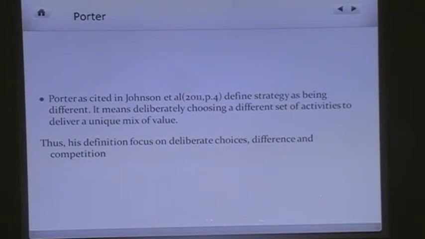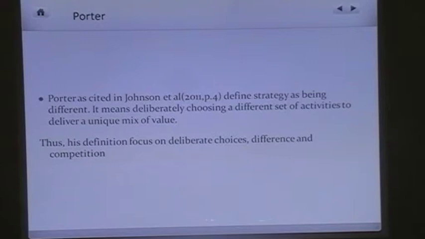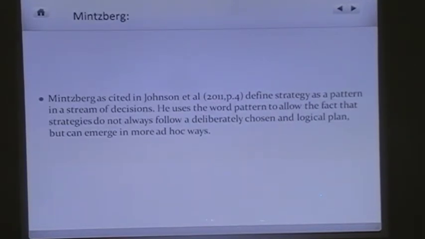That means it helps the company deliver a unique set of products which has USPs and differentiators from its competitors. And his definition actually focuses on deliberate choices which help create difference in terms of USPs or unique selling propositions from its competitors. Let's look at Mintzberg.